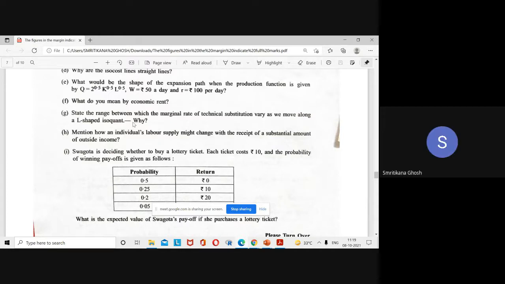So along the economic zone of production, your MRTS is positive. For the non-economic zone of production, that means either below the ridge line or above the ridge line, where your MPL is 0 or MPK is 0 or rather negative, in that region the marginal rate of technical substitution is not positive.